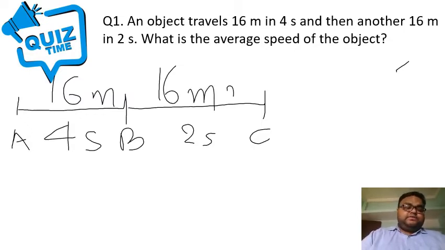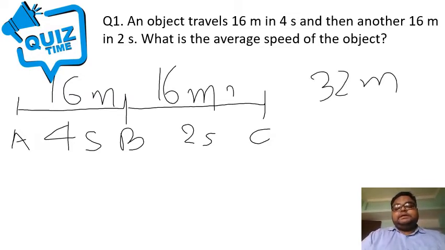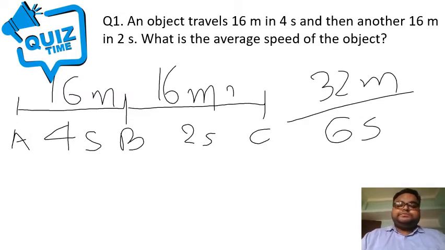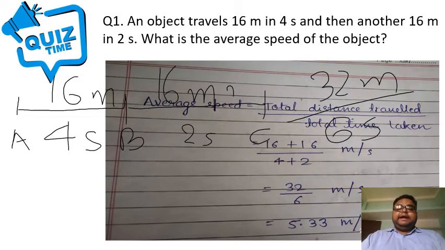It travels 16 meters in 4 seconds, and another 16 meters in 2 seconds. So it will be 32 meters divided by 6 seconds. This will be equal to what? Yes, students, it will be equal to 5.33 meter per second. Understood, students? Right?